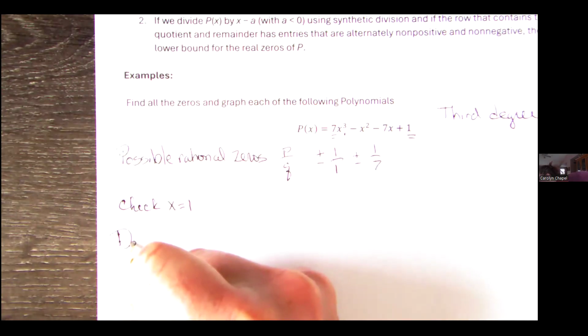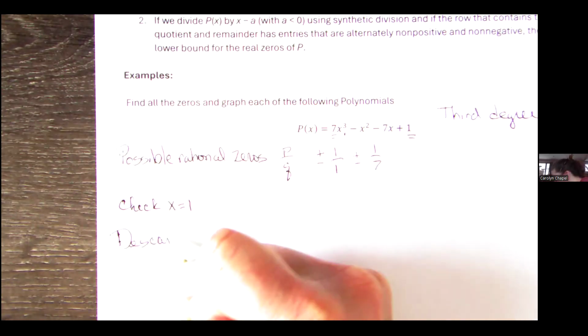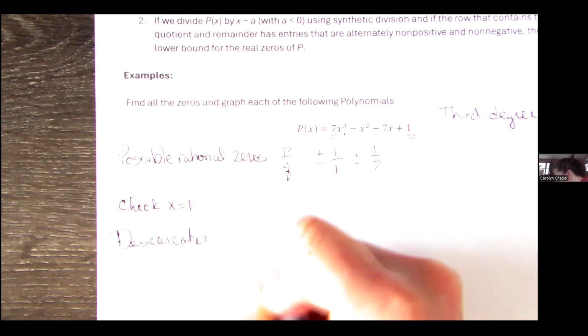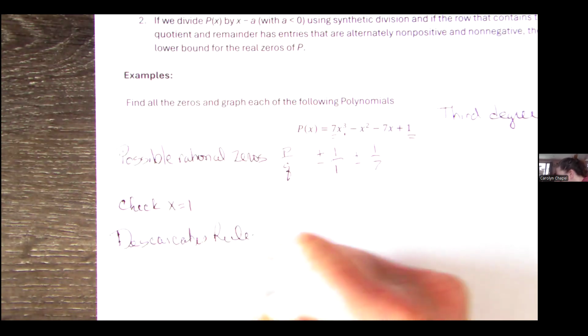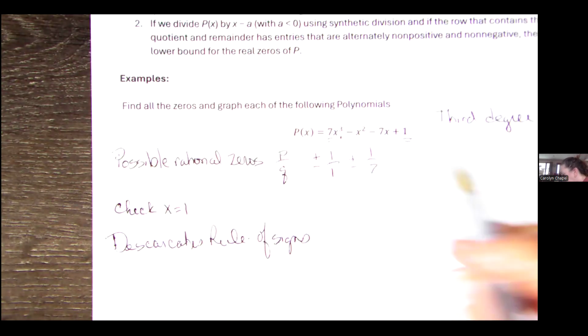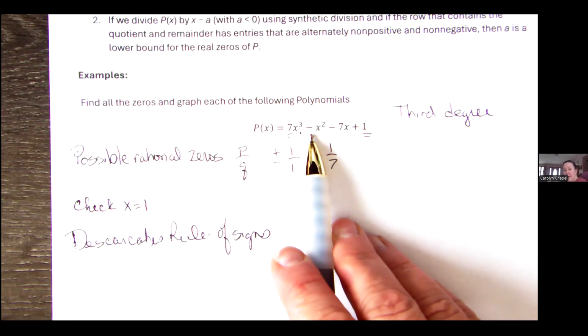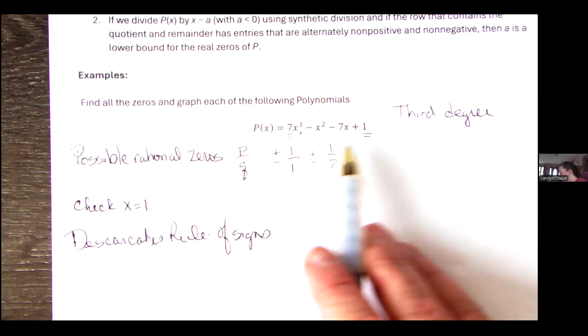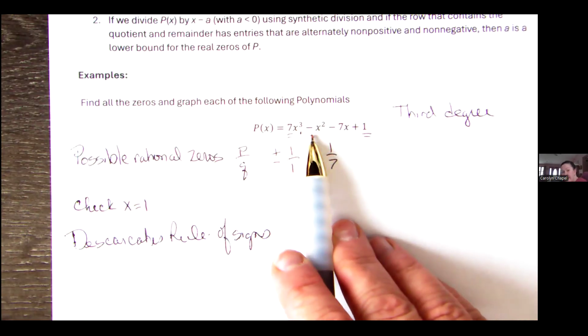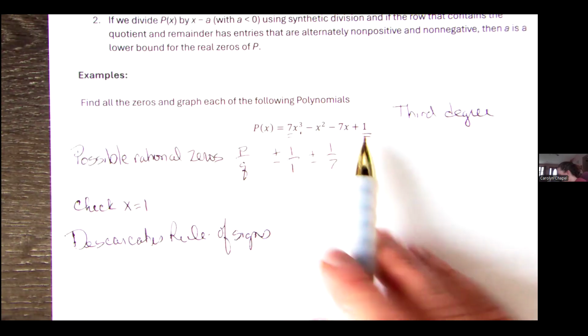So kind of getting off track here. Descartes' rule of signs. If I look at my original function here, it started out positive, went negative, stayed negative, and then went positive. So I have one sign change and then another sign change.